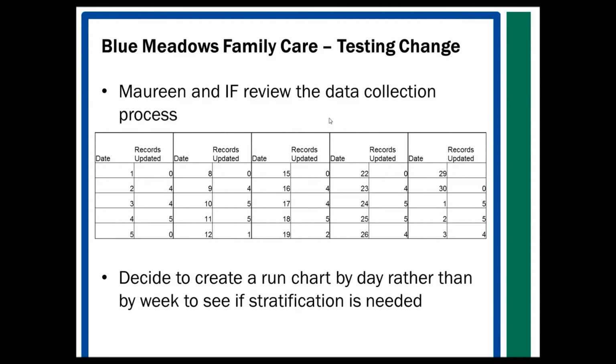So the decision was that they would go back and review their data collection process to see if there was other information that could help answer that PDSA question. They reviewed the individual results from the day, and the improvement facilitator suggested that they create a run chart by day of the week to see if stratification is indeed necessary.